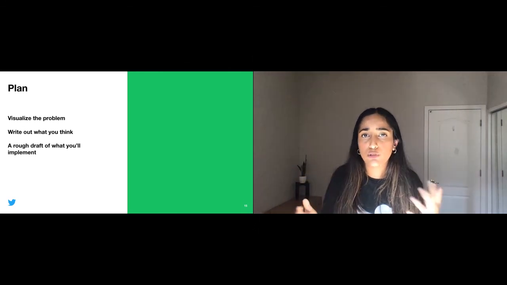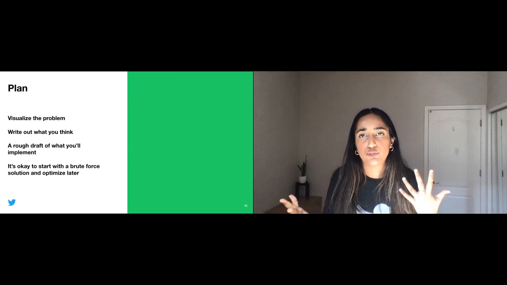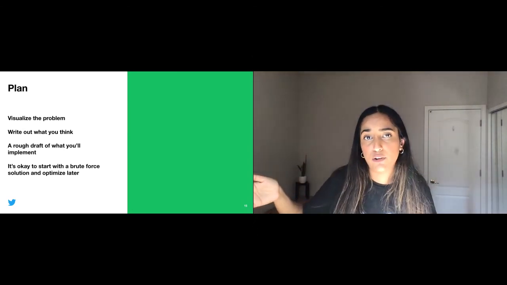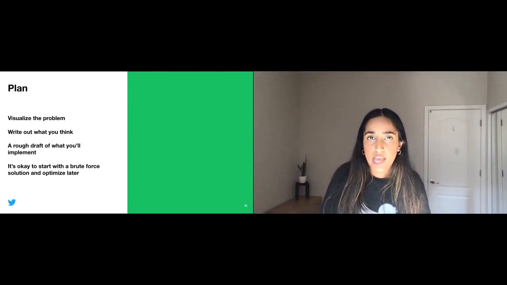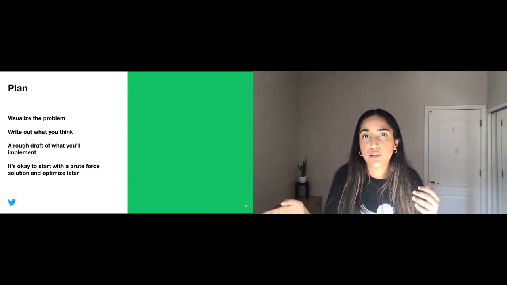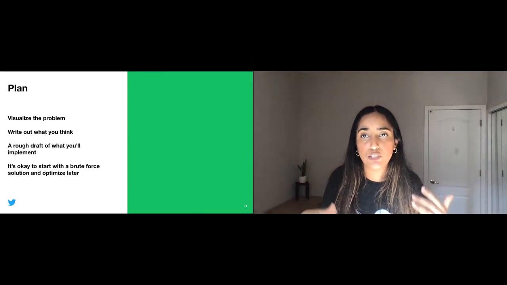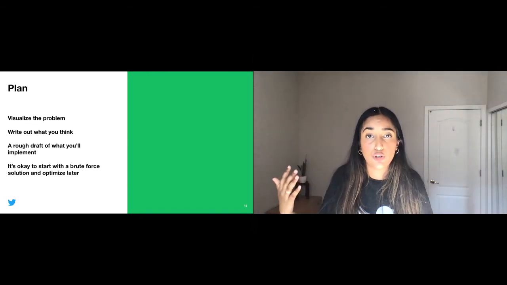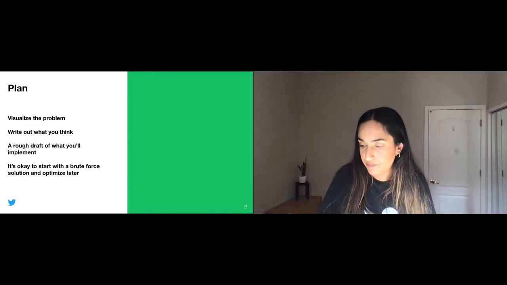Also, it's totally okay to start with a brute force solution and optimize it in the later steps. And as always, if you have time towards the end of your interview, you can implement the optimized solution. If not, you can just talk through your more optimized solution as well.